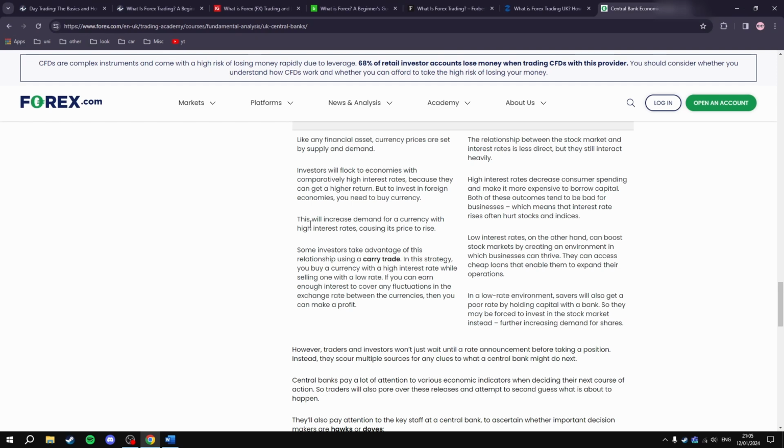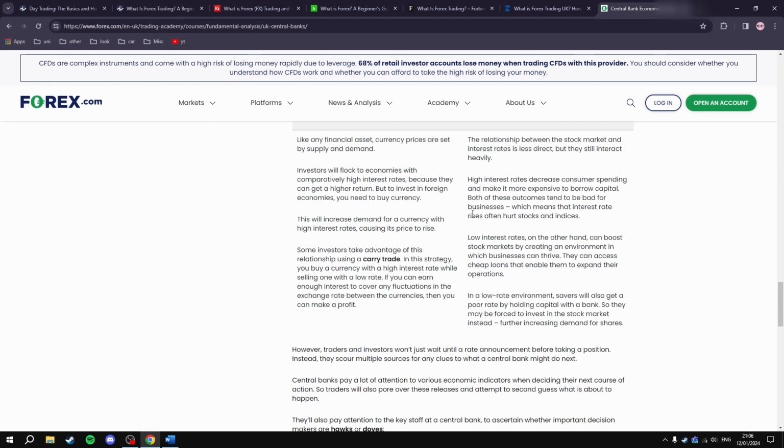The reason why it rises is because if there is the same amount of currency, which is the supply, but the demand rises, then the price is also going to rise.